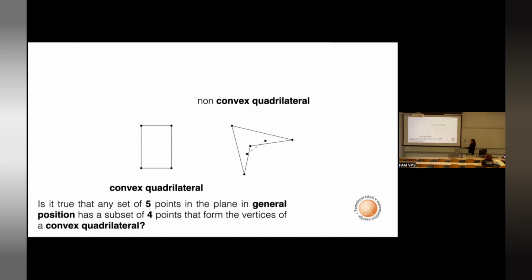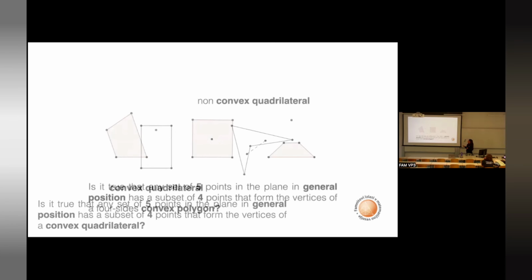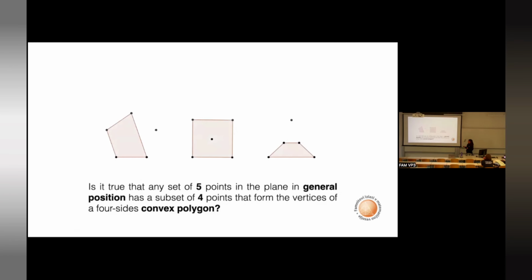So it's possible that no matter how I put 5 points in the plane, as long as they are in general position, I always have a convex quadrilateral. Here I have some examples. Here I have a convex quadrilateral, here also, and here also. Basically, this is the proof.